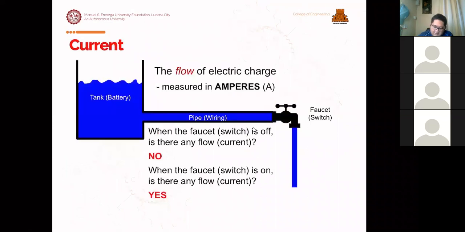Current is usually designated as the letter I. We will compare it to an easier system by idealizing it.